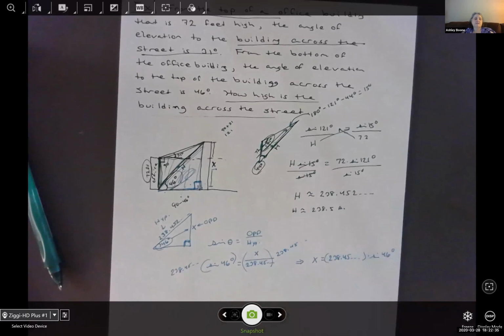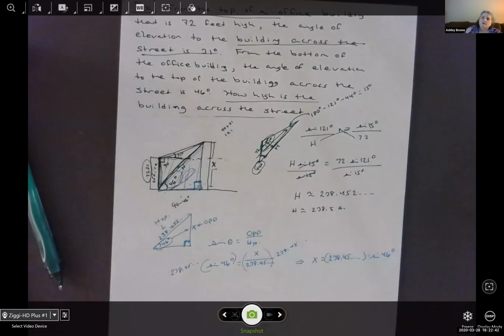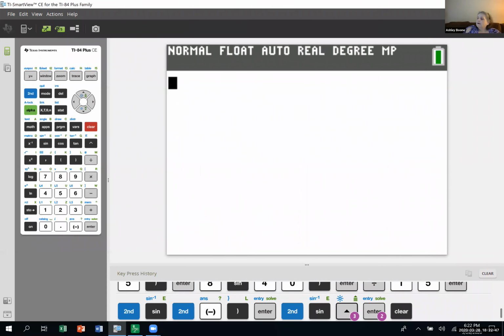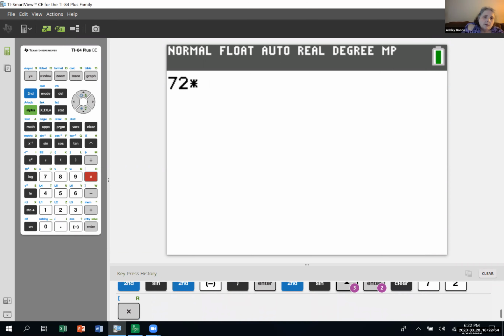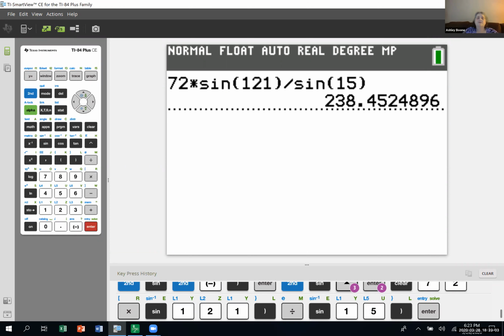Well, here's the thing with this one, and I'm going to go ahead and pull up the calculator. There it goes. All right. So notice what I had done before. I had gone 72 times the sine of 121 divided by the sine of 15. This is the calculation that I did a minute ago to find that side H, or the hypotenuse. 238.452.